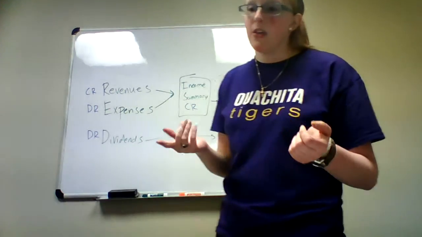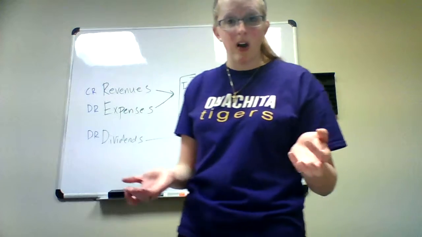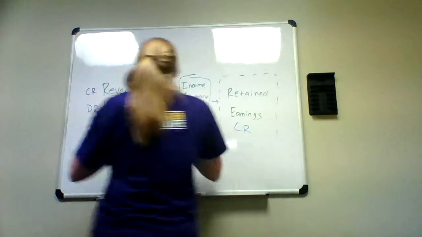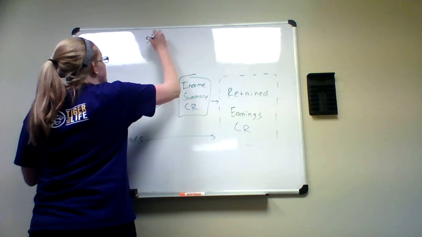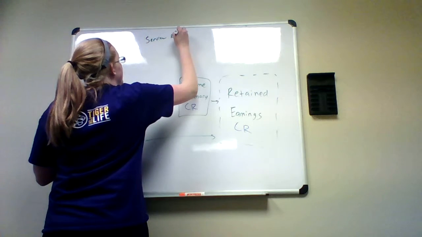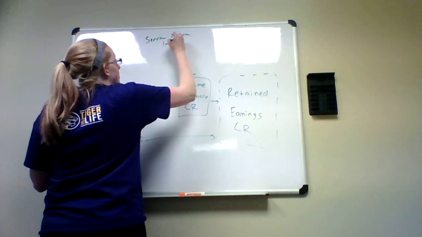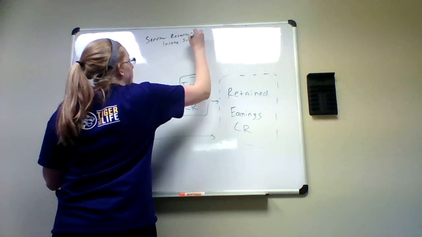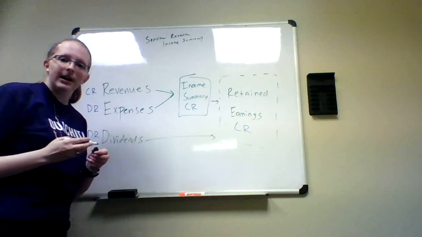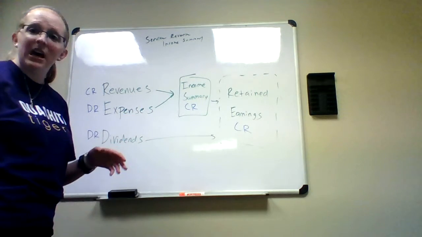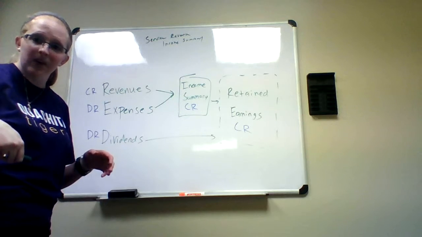For the first one, we take service revenue, which is a debit of $4,000. So your debit is service revenue, and you credit income summary for $4,000. And what that does is it puts $4,000 into income summary.